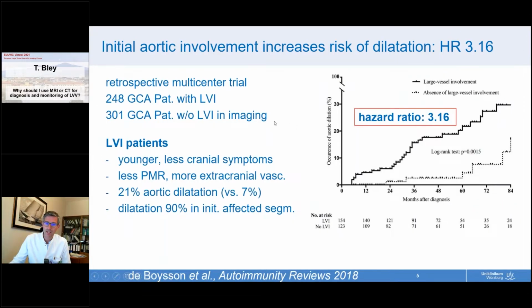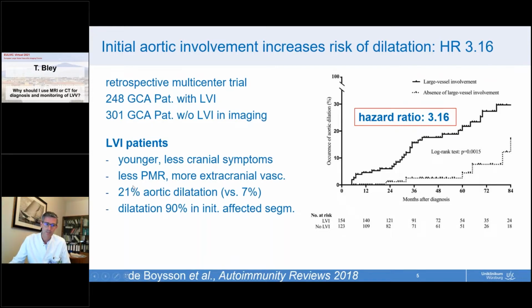Now let's look at the large vessels. There's a large study from France with 248 patients that had large vessel involvement initially, and 301 patients with GCA who did not present with large vessel involvement initially. And those patients with large vessel involvement were younger, had less cranial but more extracranial vascular symptoms.